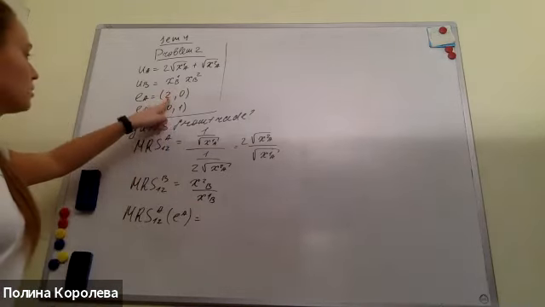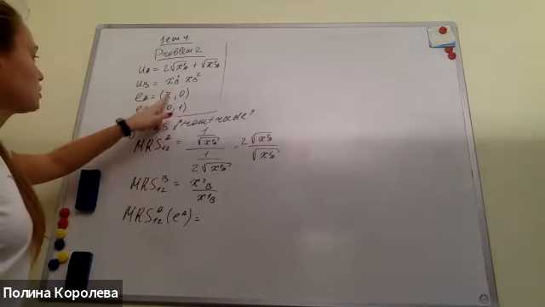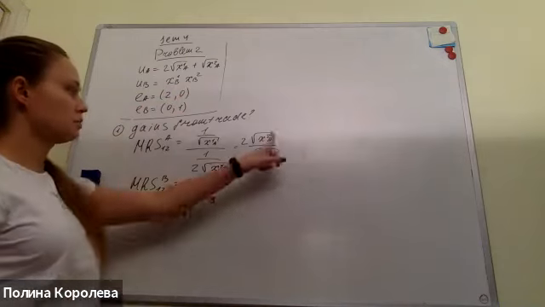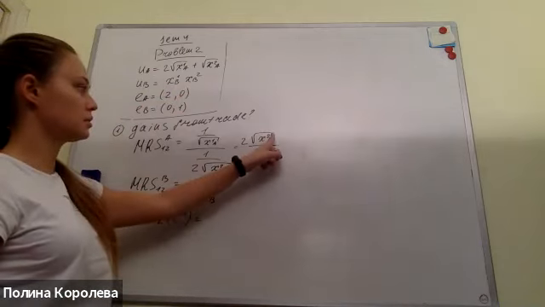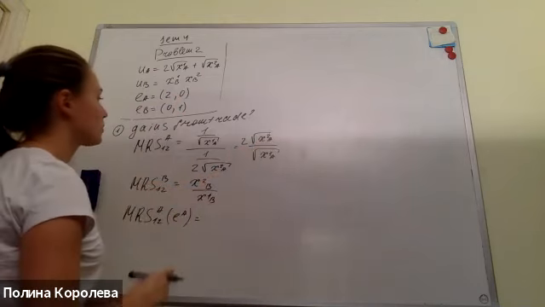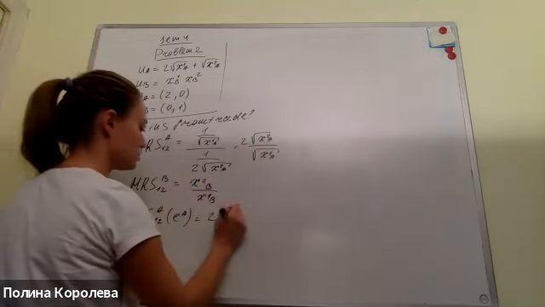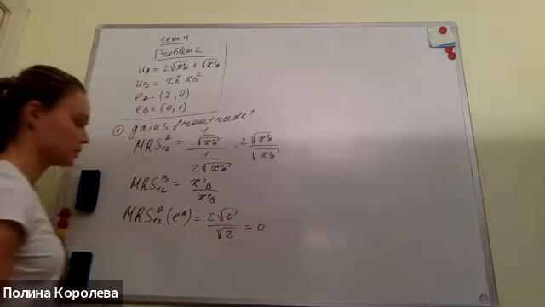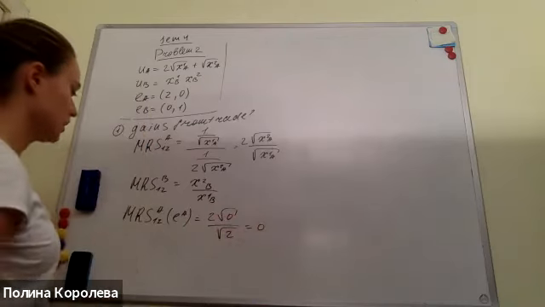We have 2 units of the first good and 0 units of the second good. So it will be 2 square root of 0 divided by square root of 2, it's 0. So the slope is 0, a horizontal line.